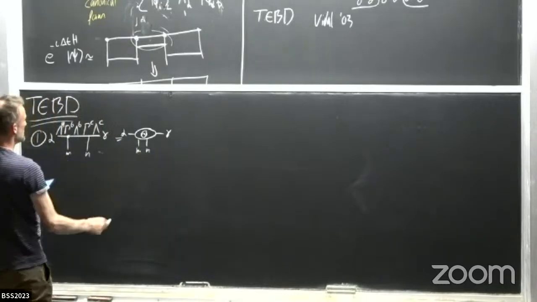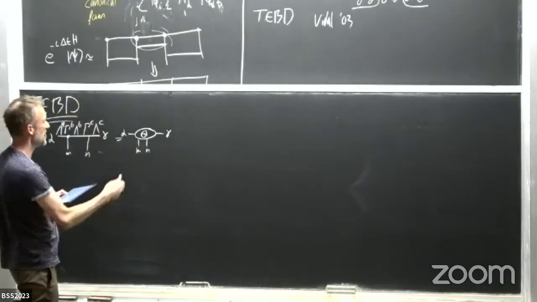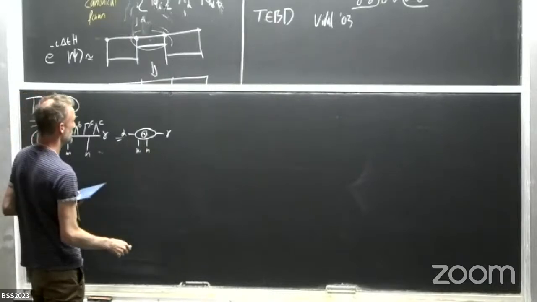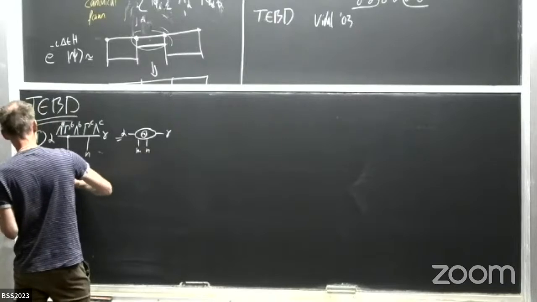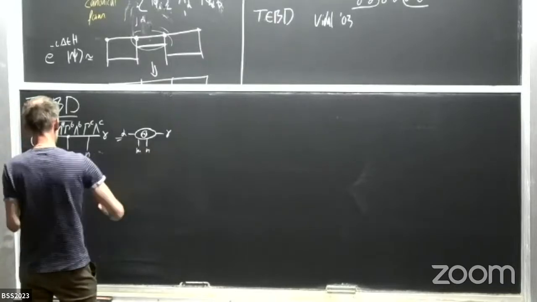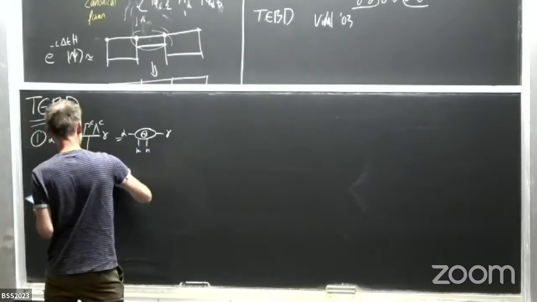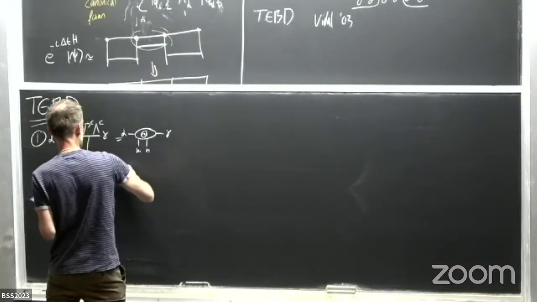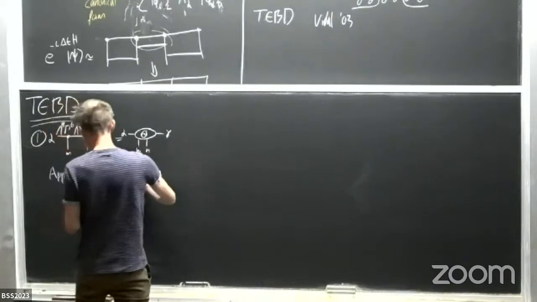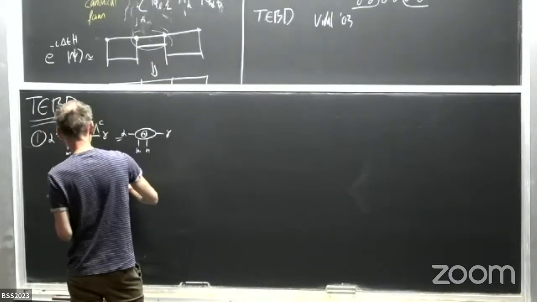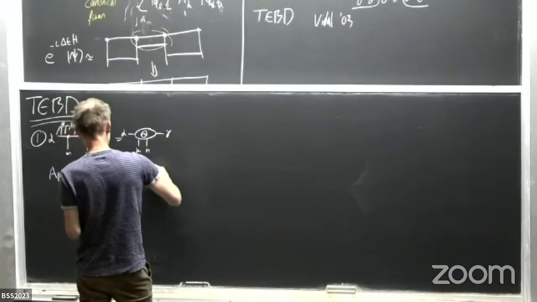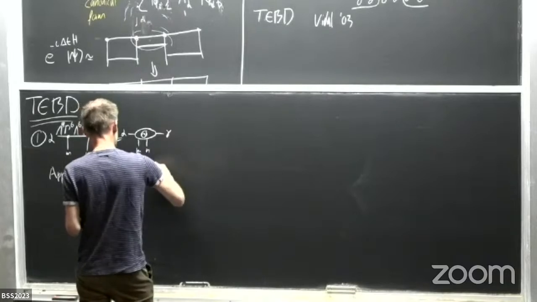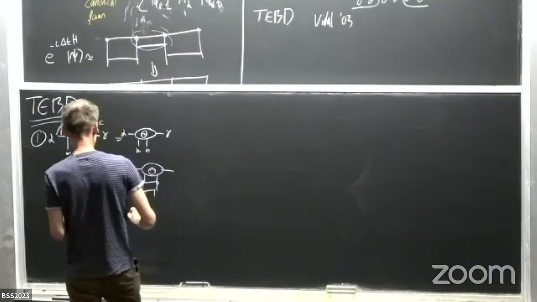Now, in this mixed representation, I can apply my gate. I apply the gate, which means that I'm going from my theta to theta tilde, and my theta tilde is given by my theta, where I contract this one gate to it.